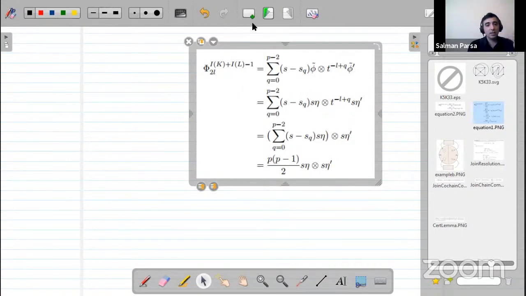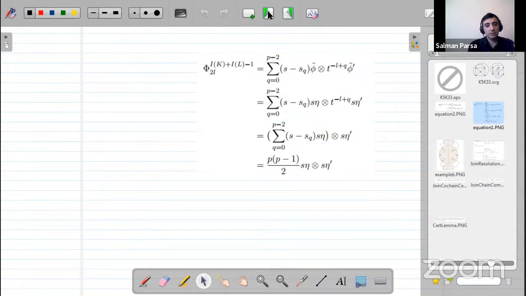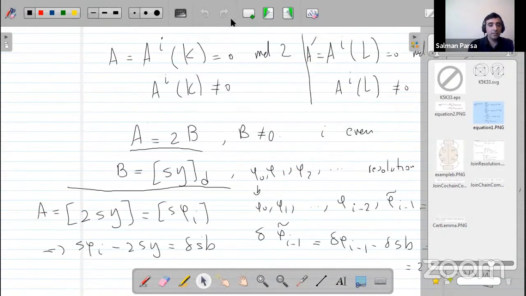Okay, let me say this also, that in the situation here, this AI has to be the top dimensional class, where the highest dimension is where the Smith class is non-zero. In other terms, if we have this situation, the Smith index of K has to be I plus 1.